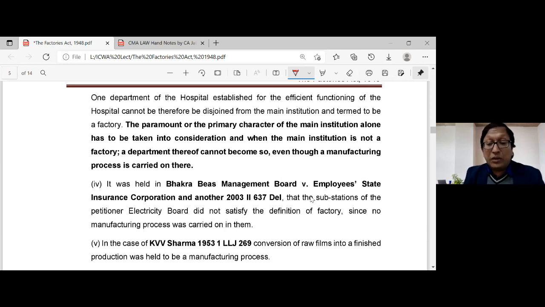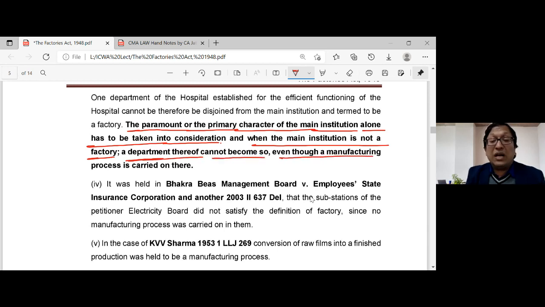The paramount or primary character of the main institution alone. This is a very important judgment that the paramount or primary character of the main institution alone has to be taken into consideration. And when the main institution is not a factory, a department of this institution cannot become so, even though a manufacturing process is carried on there.